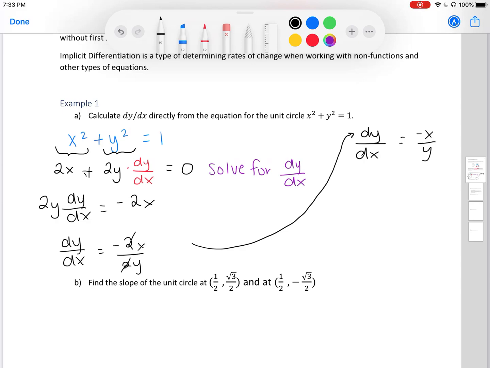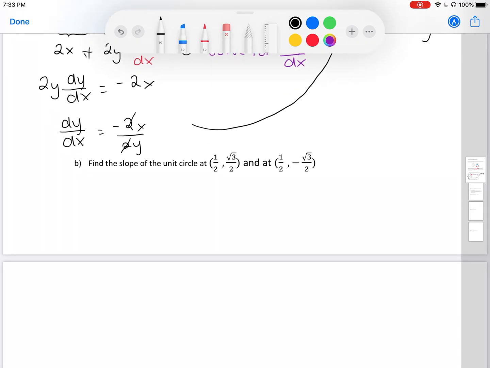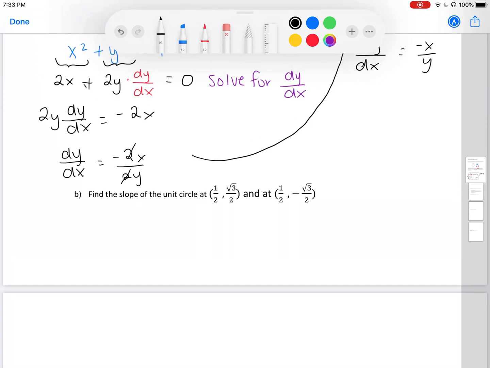Now, for our next question, find the slope of the unit circle. Well, if we wish to find the slope, then we would plug into our derivative. What's cool about implicit differentiation is that I have my derivative in terms of x and y, so I can just plug those in directly. Recall from above, we have dy/dx equals negative x divided by y.